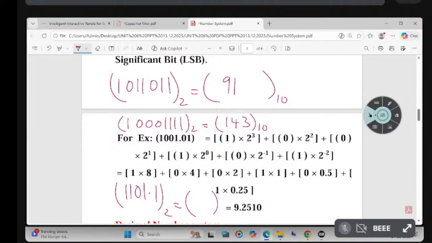It is 2 to the power of -1. What is the answer? 13.5. So that binary system is completed.